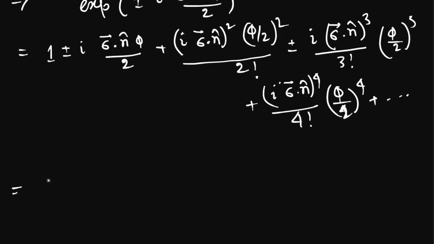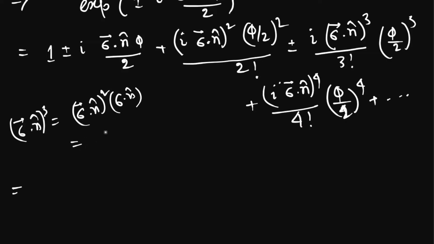Now as we know that sigma dot n cap whole square is equal to the identity operator, sigma dot n cap whole cube is equal to sigma dot n cap square into sigma dot n cap, which is nothing but sigma dot n cap, since the square is the identity operator.